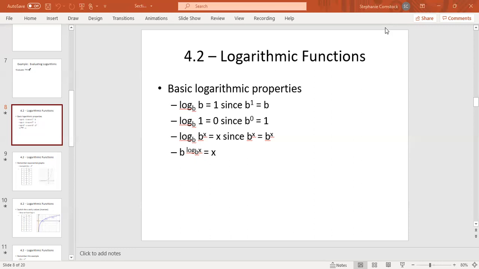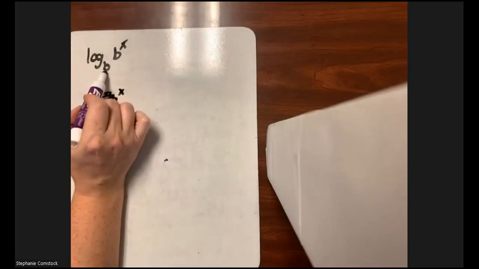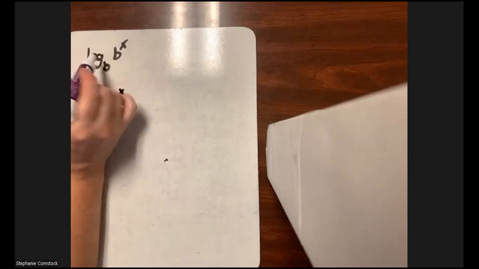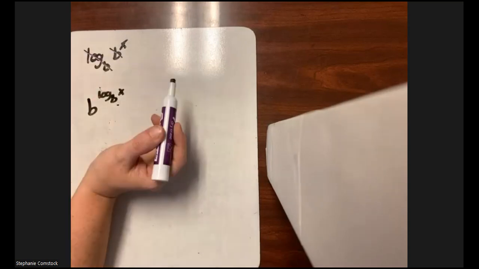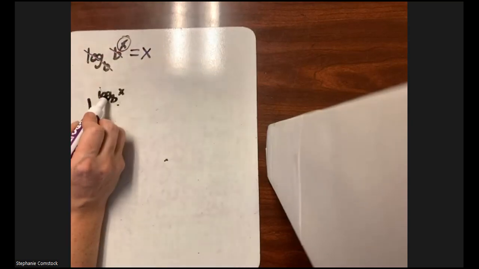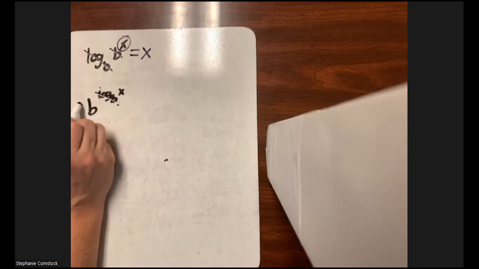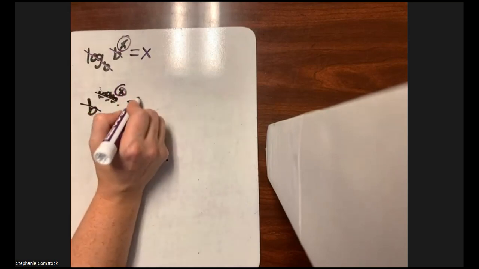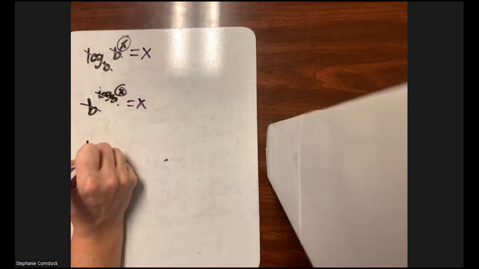When we have log base b and it matches with a b that has an exponent, the log base b and b cancel out, which leaves me just the x that was up here. Same thing if I have b with a power of a log base b, those two cancel out, leaving me just the x, okay?